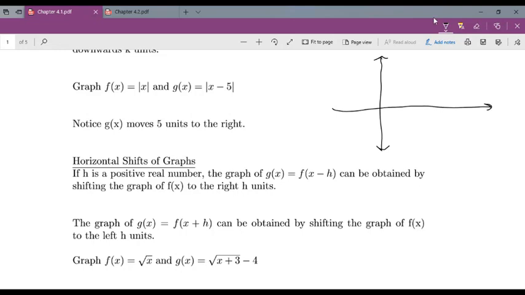So that if I go 1, 2, 3, 1, 2, 3. Our regular f of x function, if we do that again, I believe we did it in red last time.